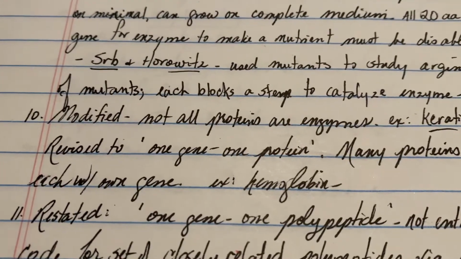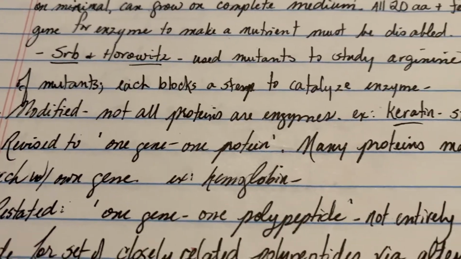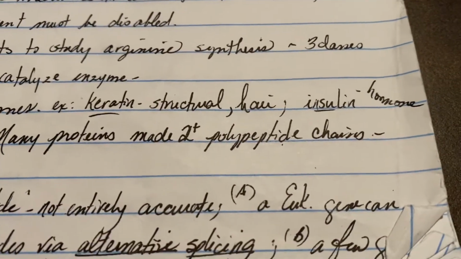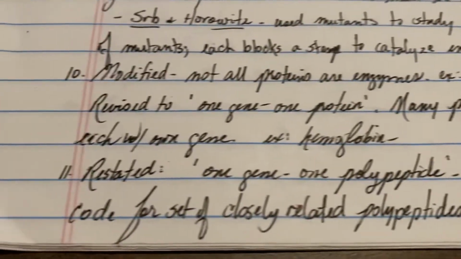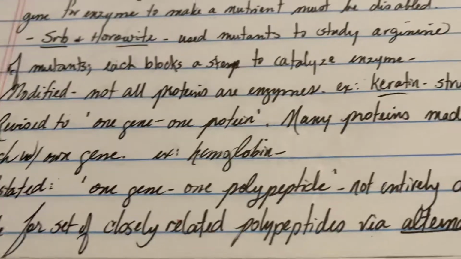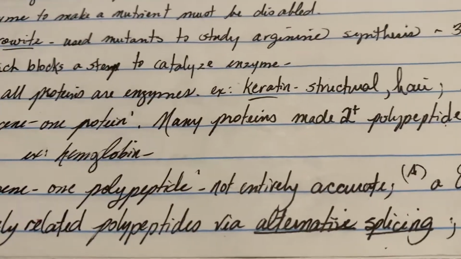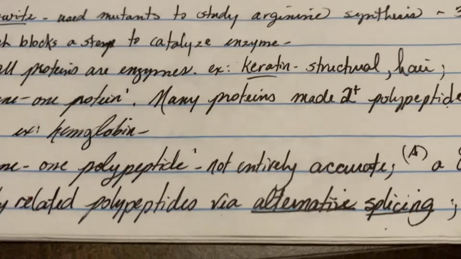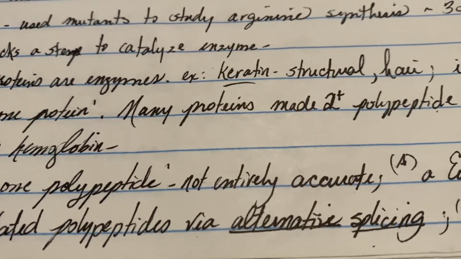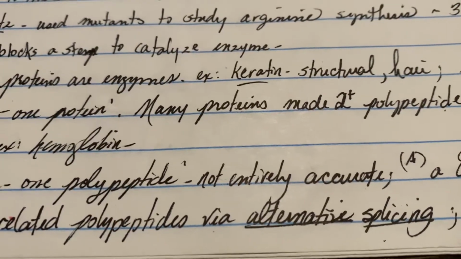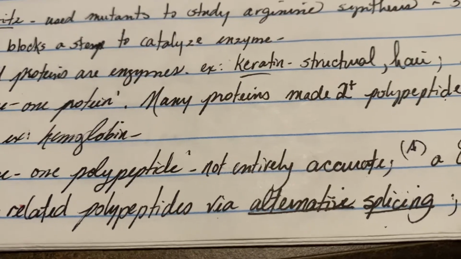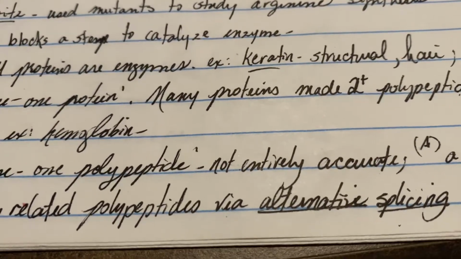So then it was restated, 1 gene, 1 polypeptide, which is still not entirely accurate because a eukaryotic gene can code for a set of closely related polypeptides, and this is going to depend on how it is spliced. For example, in our protein synthesis video, we were talking about our pre-messenger RNA and how you could remove the introns and splice together the exons.